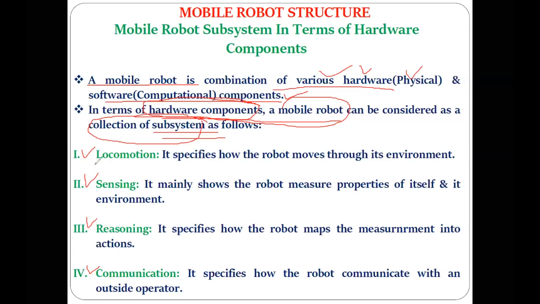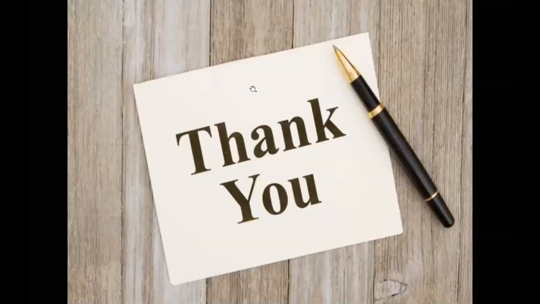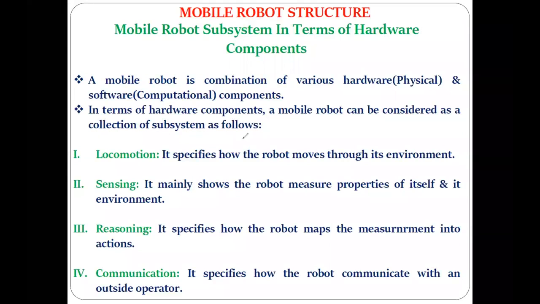In that, the first subsystem we have is locomotion. So if we discuss the hardware components, on that basis the mobile robot is considered as a collection of some subsystems, and these are those subsystems.